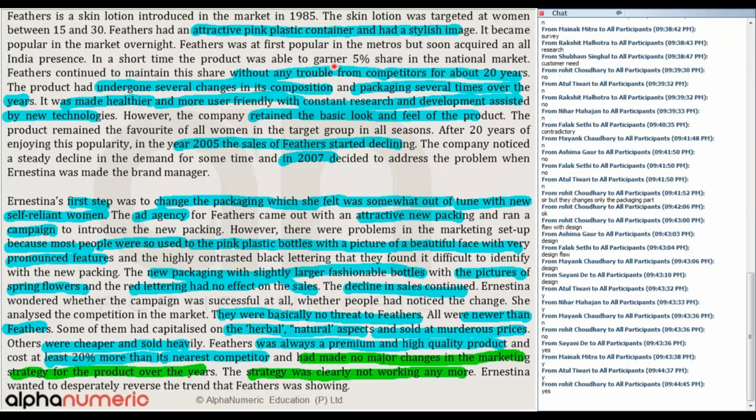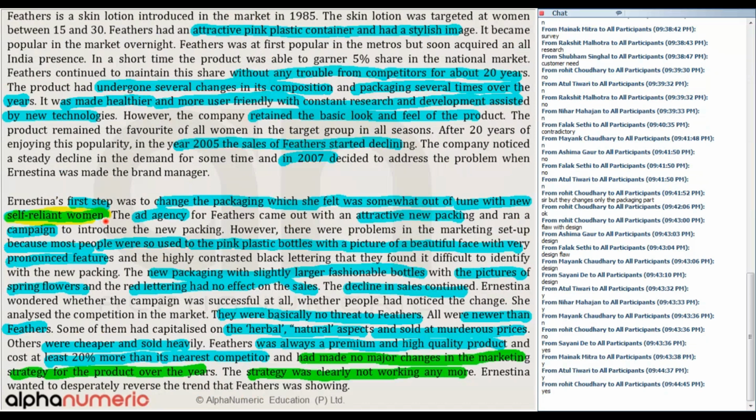Let me go through this and highlight that point. Just a minute. The second line, if you look at this particular line: Anish's first step was to change the packaging, which she felt was somewhat out of tune with the new self-reliant women.